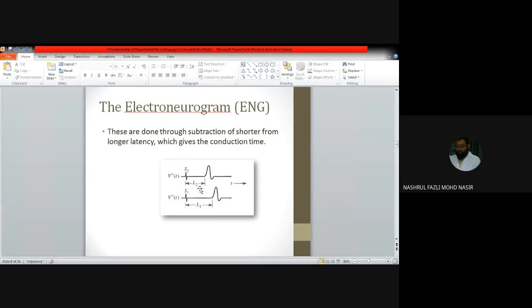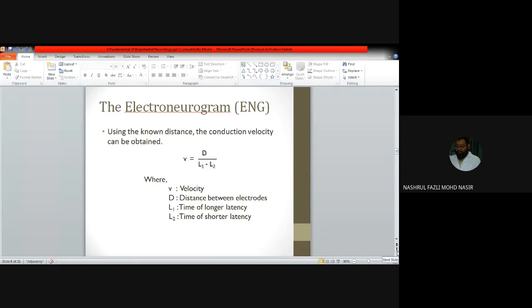This is shorter, this is longer, which gives the conduction time, T. You subtract L2 from L1. After that, you can get the equation. Using the known distance, the conduction velocity can be obtained. That's why you have the V just now.